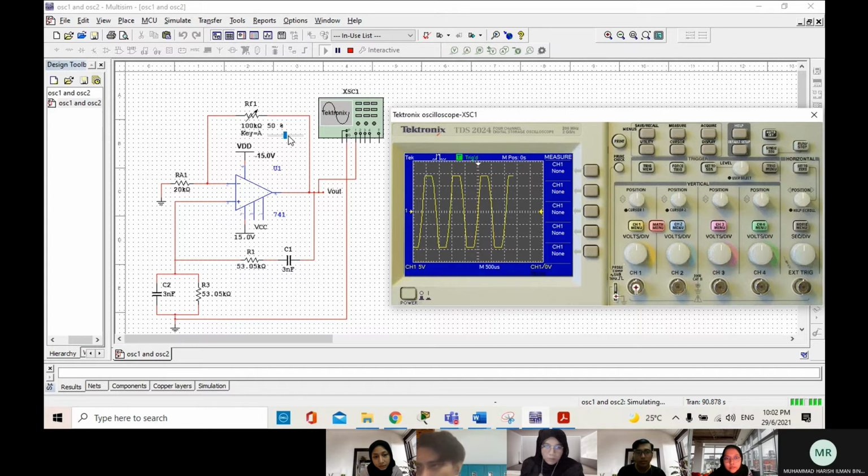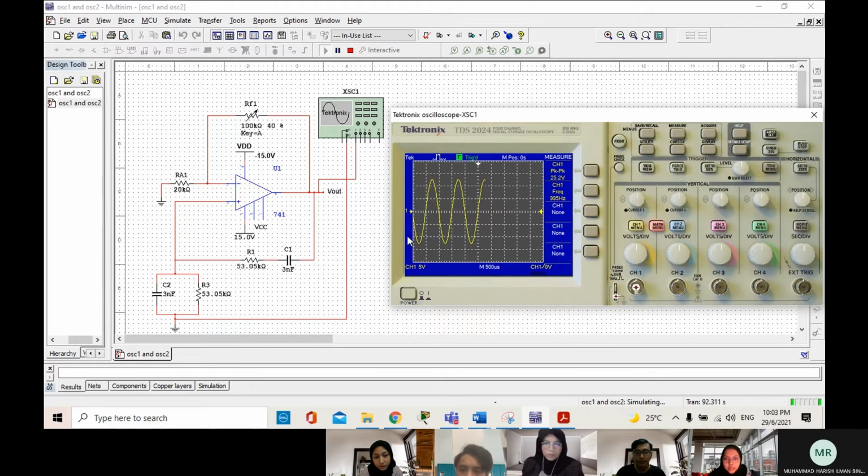As we can see, this is 40 kilo ohm. So we're going to set the output to see the frequency value. This is when it is 100 kilo ohm, and we have to change to the ideal value, which is 40 kilo ohm.